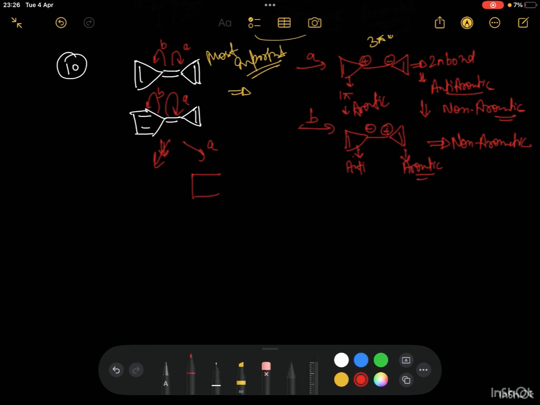So here positive will come and here negative. Okay, now this having how many pi? 2 pi means anti-aromatic, and this one is 1, 2. This is also anti-aromatic.